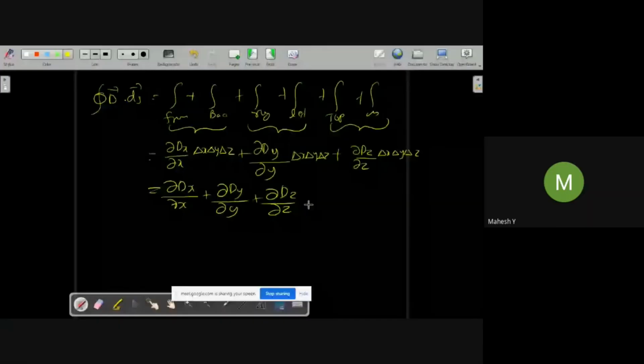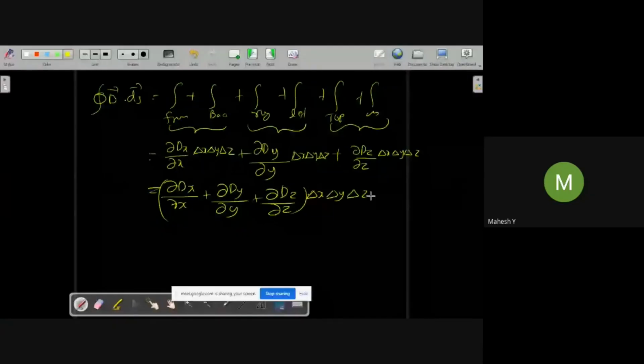So ∂Dx/∂x plus ∂Dy/∂y plus ∂Dz/∂z into Δx into Δy into Δz. Now what is the value of Δx into Δy into Δz? Product of length, width, height.